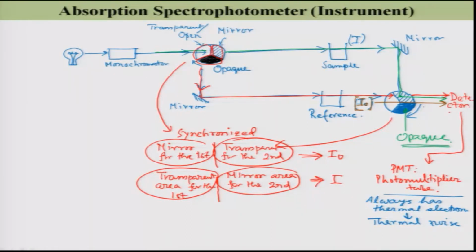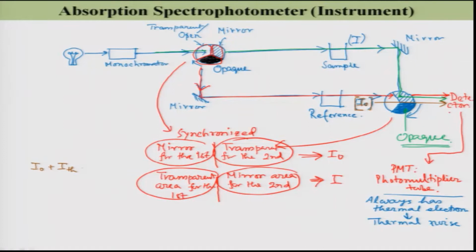Let me assume that the thermal electron intensity is ITH. So here, I0 is because of the incoming light plus ITH because of the thermal electrons. That is my total intensity.